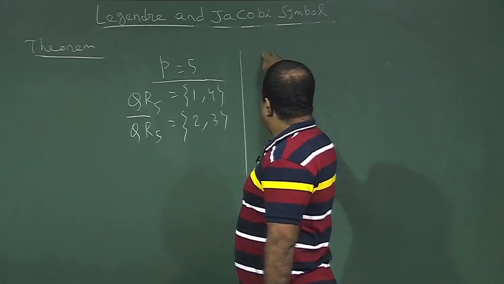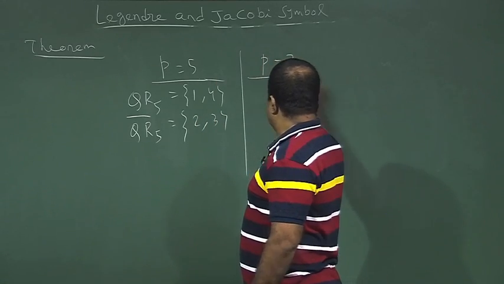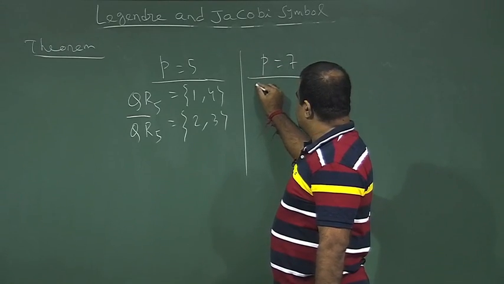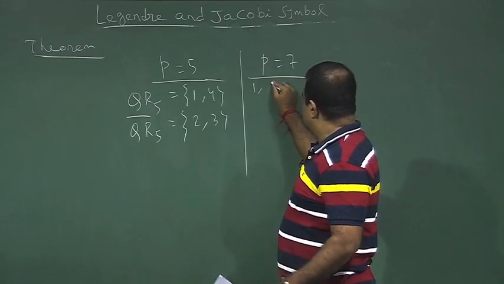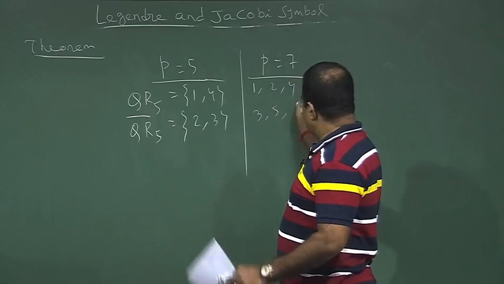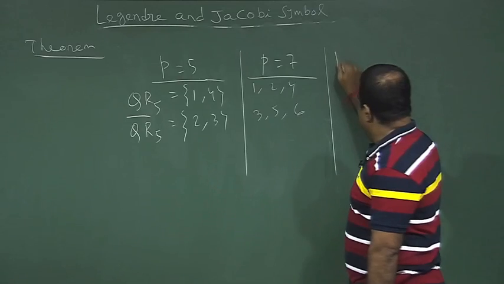And for p equal to 7, the quadratic residues are 1, 2 and 4, and the quadratic non residues are 3, 5 and 6. This can be easily verified.